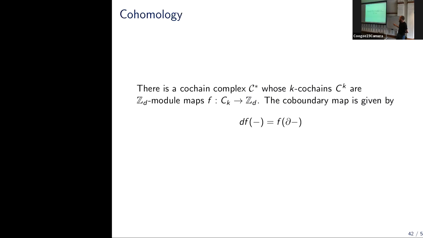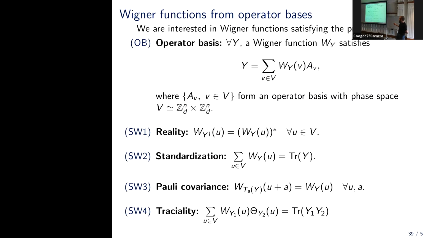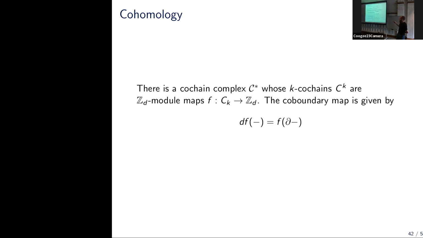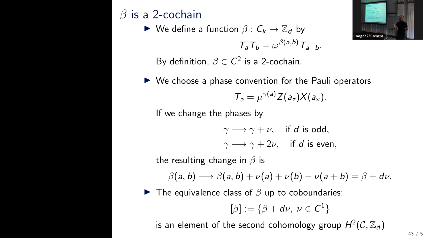I say cohomology and not homology just because we start by defining a chain complex, and then we define the cochain complex as the dual to that. The things that matter are the beta function and the phi function. You can track these phases. These live in the dual picture, not the primal picture. That's why I'm talking about cohomology, not homology.